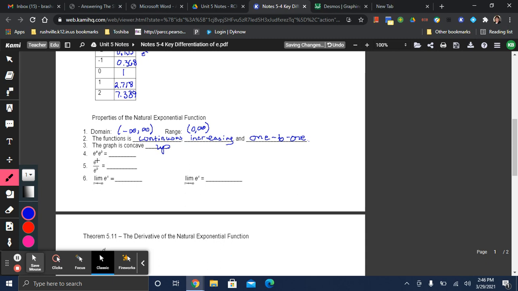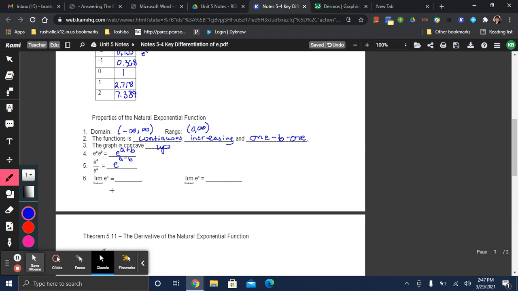And then some exponent rules. We did these when we were looking at logarithms. I want to emphasize them one more time. If you're multiplying, then the bases, when they're the same, the exponents will add. So keep the base, add the exponents. When you're dividing, keep the base, subtract the exponents.